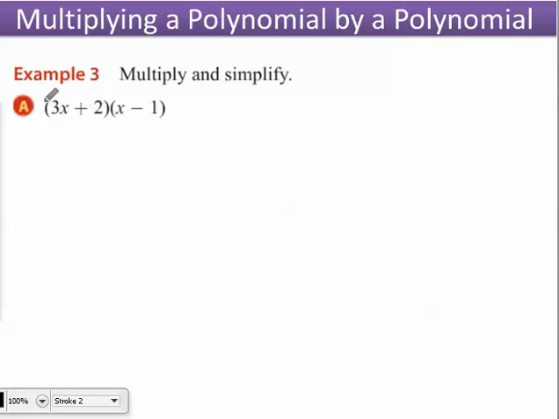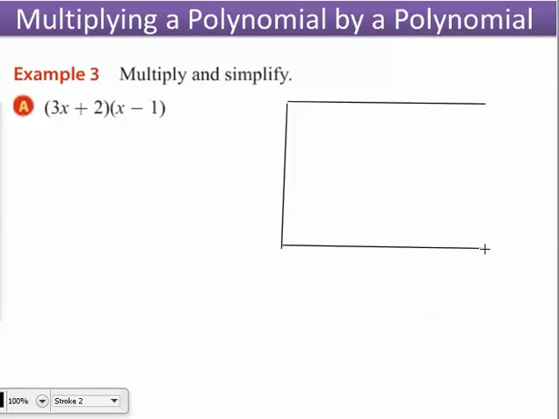Now, this is something you were taught in Algebra 1. It's how to multiply a polynomial by a polynomial. What I like to do is use a method I call the square method, because it's going to work for any polynomial, not just binomials times binomials, but for any polynomial whatsoever.